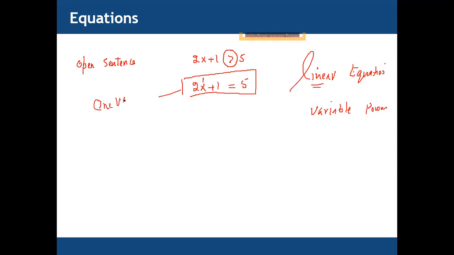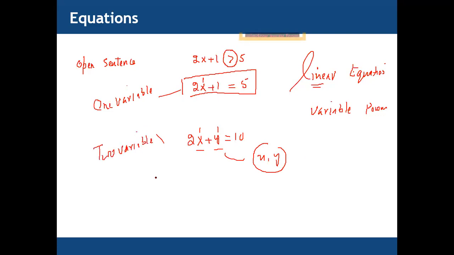If we have the equation 2x plus y equals 10, this is also a linear equation, because the variable powers are 1 and 1. But now we have two variables, x and y, so it is a linear equation with two variables.